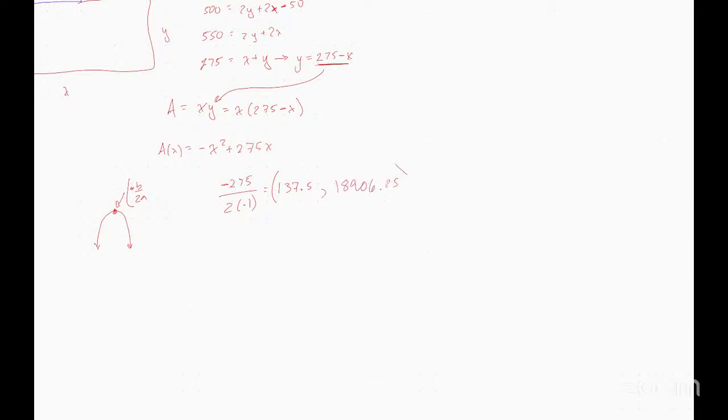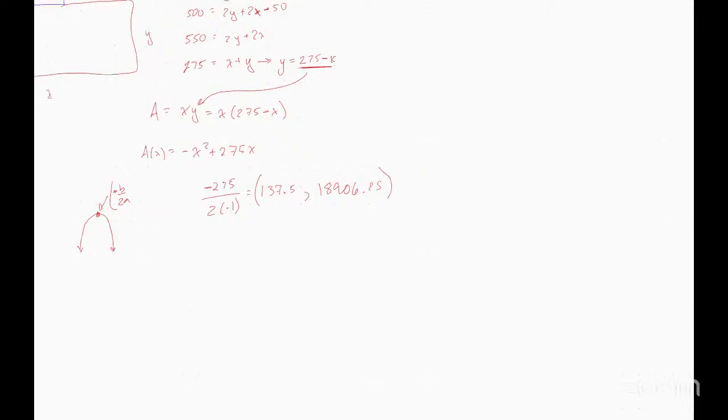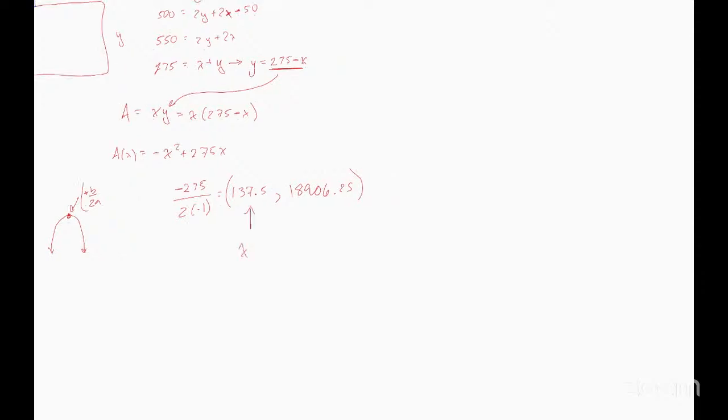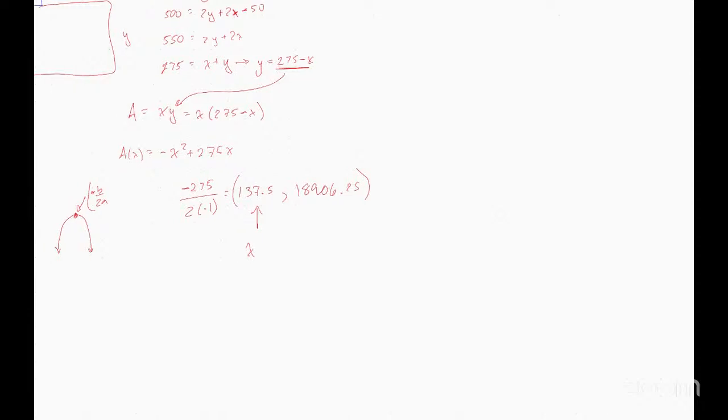So the dimensions, this is your x, this is one dimension, and the other one is probably the same, because isn't that just 275 divided by 2? Yeah, it would be the same. So it's 137.5 and 137.5.